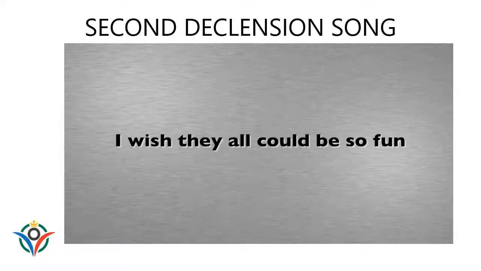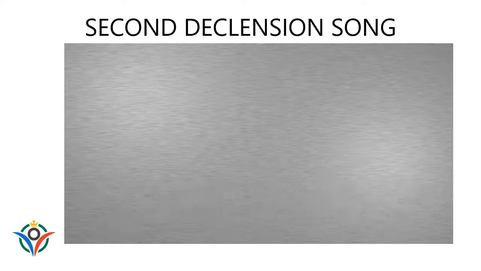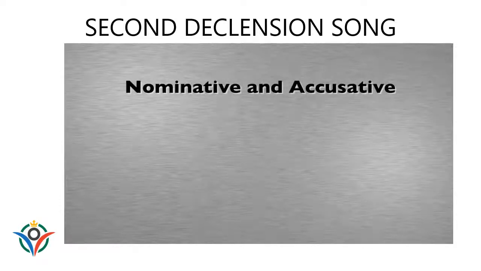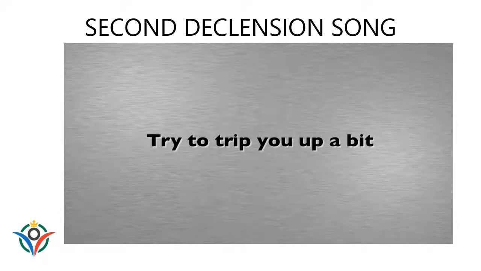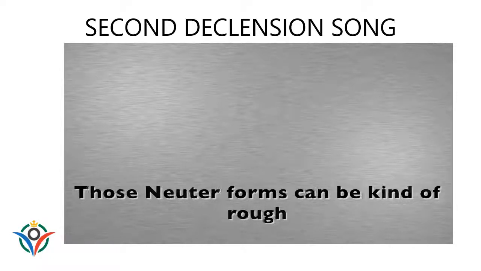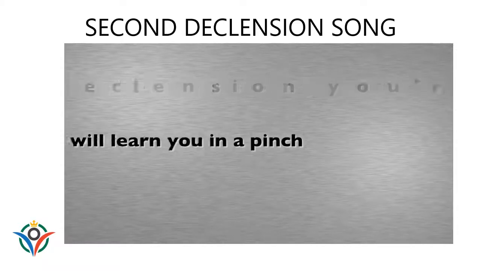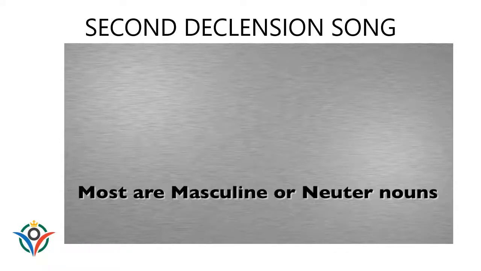I wish they all could be so fun. You take mostly neuter and masculine nouns. Nominative and accusative try to trip you up a bit. Those neuter forms can be kind of rough. Second declension, you're a cinch. I will learn you in a pinch. Most are masculine or neuter nouns.